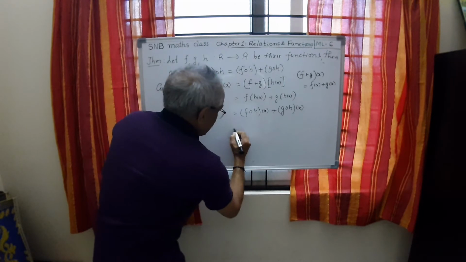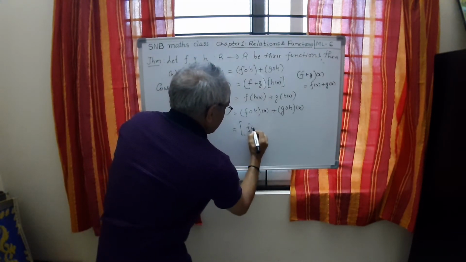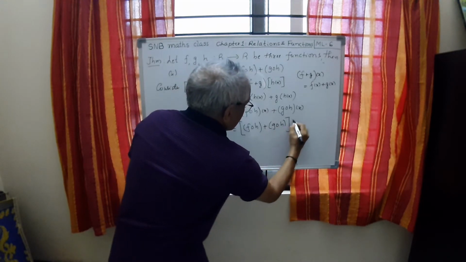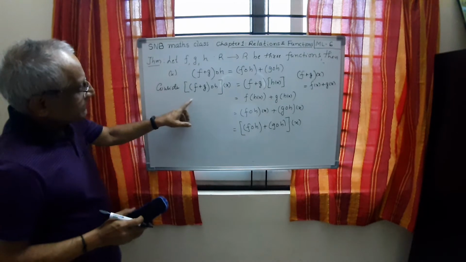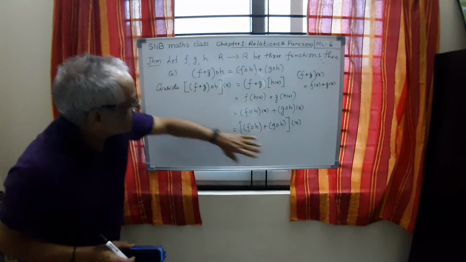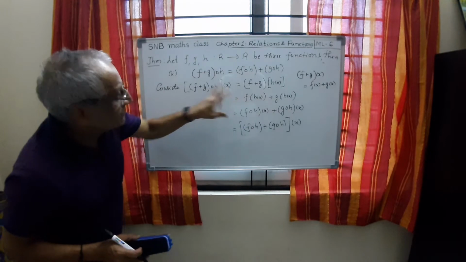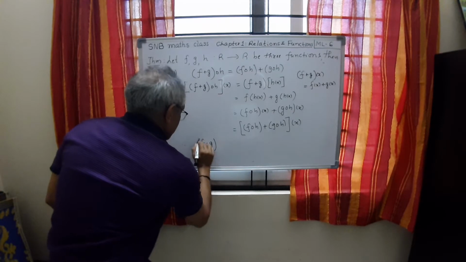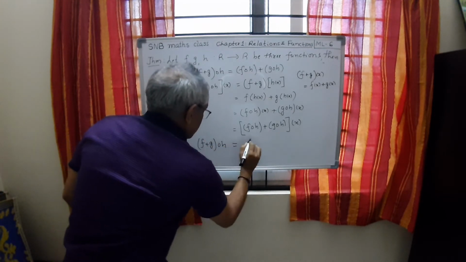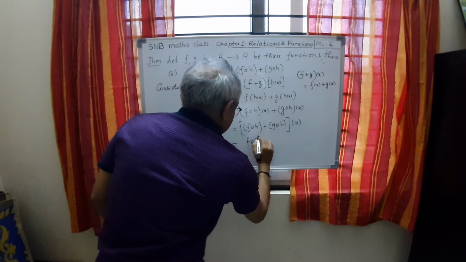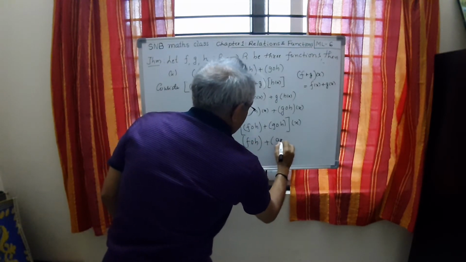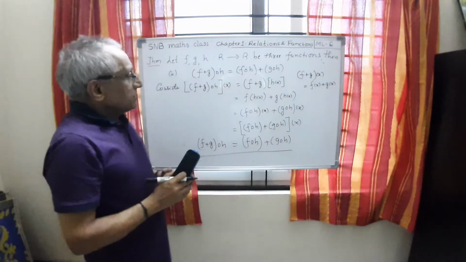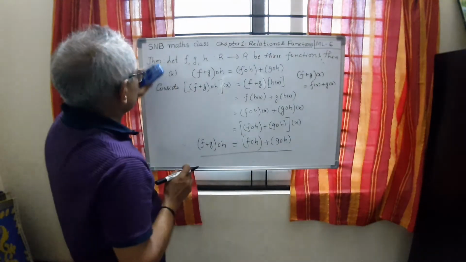So using that, I can write this as f of h plus g of h of x. Now it is very clear. This equal to this implies this function must be equal to this for any value of x. So therefore, f plus g then of h must be equal to f of h plus g of h. So this proves the distributive property. The remaining two, you please try yourself.